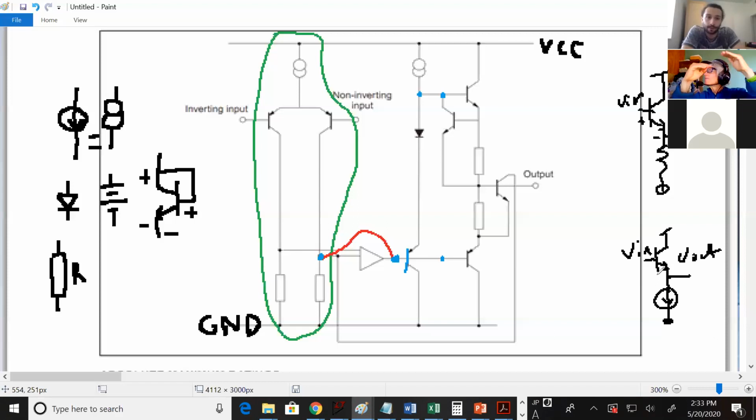And now your V in and V out follow each other really well. The one on the homework had a resistor, so when you changed V out, the current changed and your VBE changed. But if you have a current source, it follows really well. Now the gain is probably almost 1.